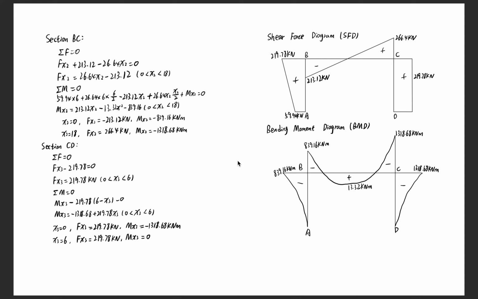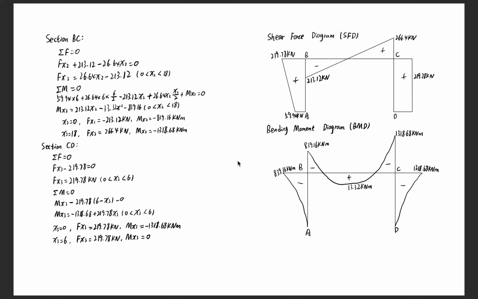When x2 equals 0, Fx2 equals negative 213.12 kilonewton, Mx2 equals negative 839.16 kilonewton meter. When x2 equals 18, Fx2 equals 266.4 kilonewton, Mx2 equals negative 1318.68 kilonewton meter.